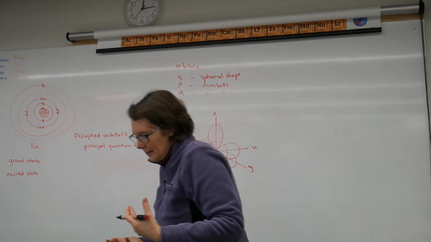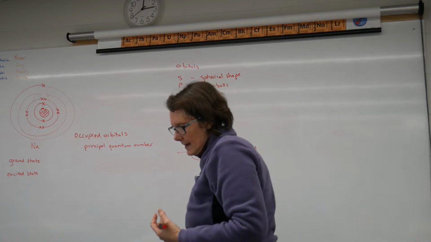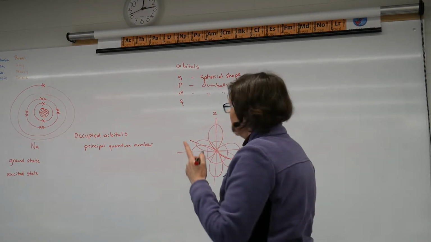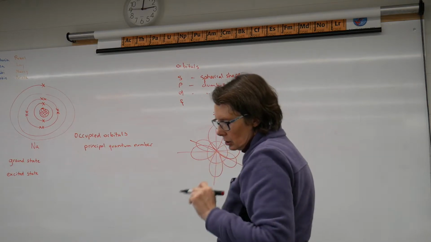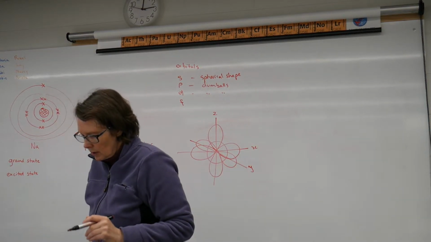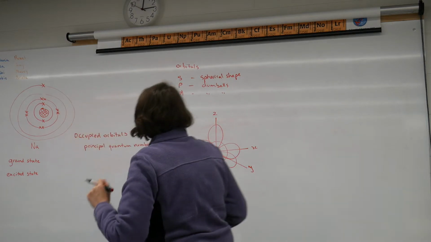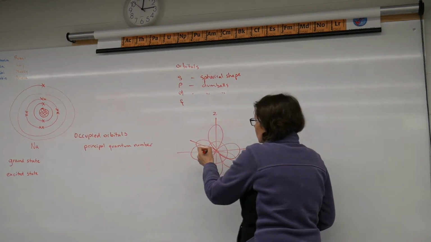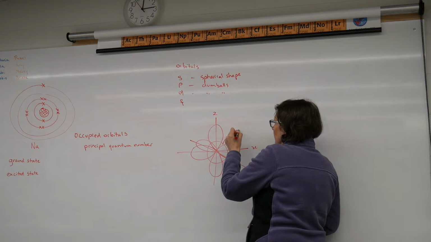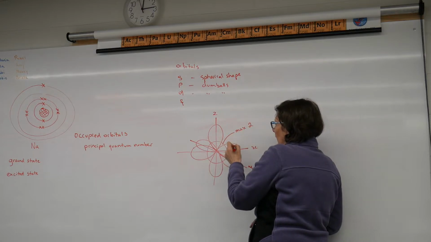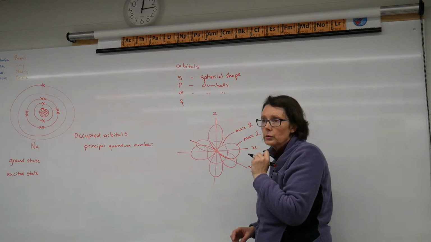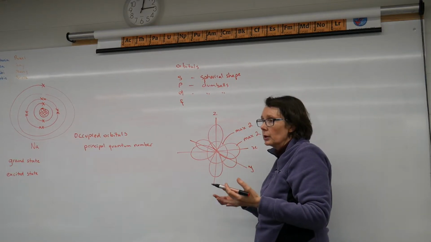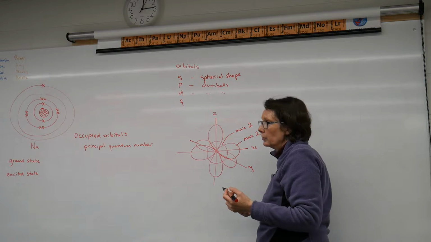Now, there's another rule here that we can only put 2 electrons in each orbital. So this spherical orbital can hold a maximum of 2, as can each of these dumbbells hold a maximum of 2, and every orbital can hold a maximum of 2 electrons.